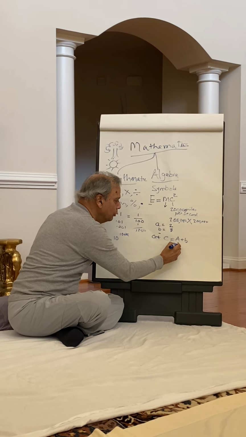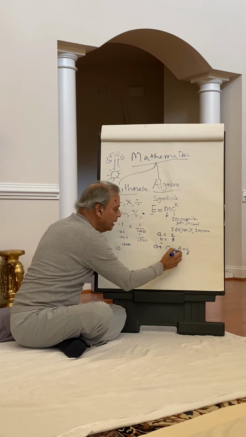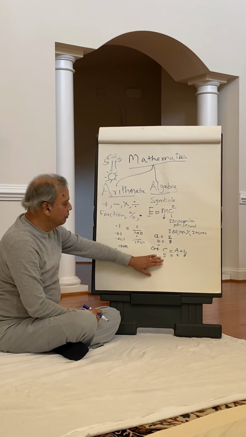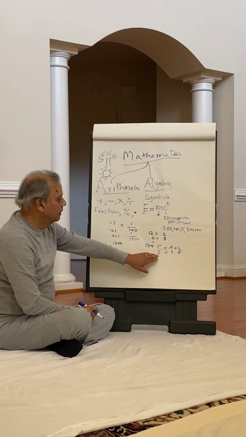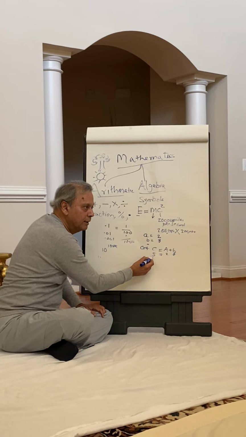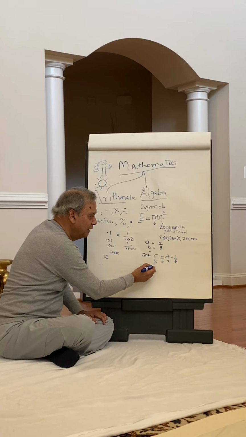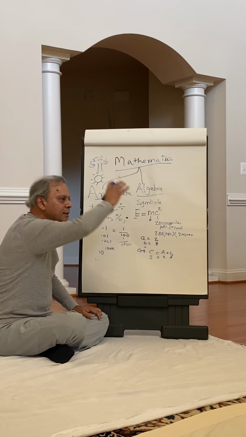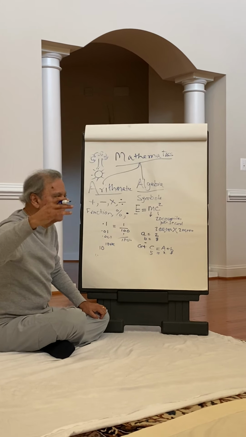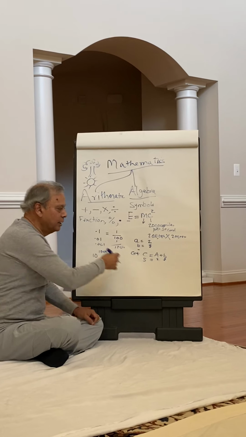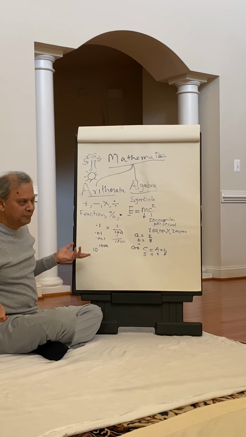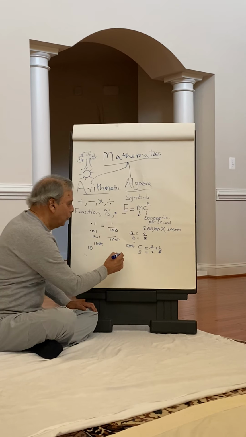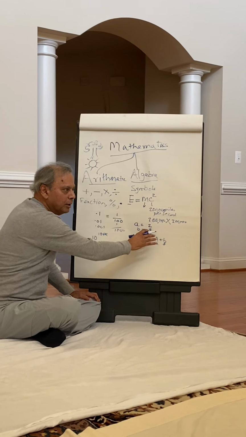So A is 2, B is 3. When you add it, C is 5. Right. Now you may be having 5 million. I get it. 5 million equals 2 million plus 3 million, right? So instead of writing all these things over and over again, you say C equals A plus B. Right? There. Or any other formula you make.